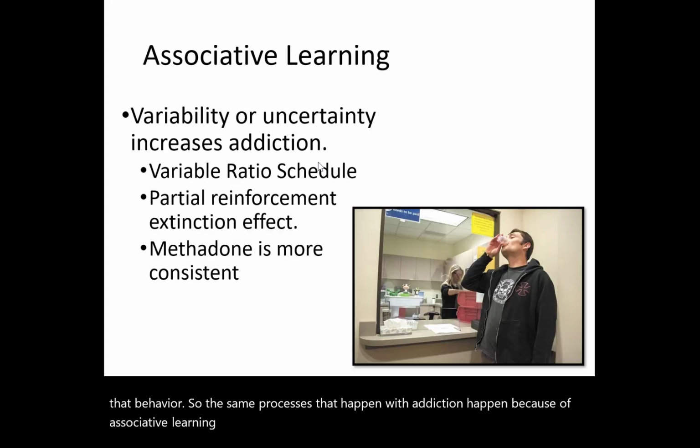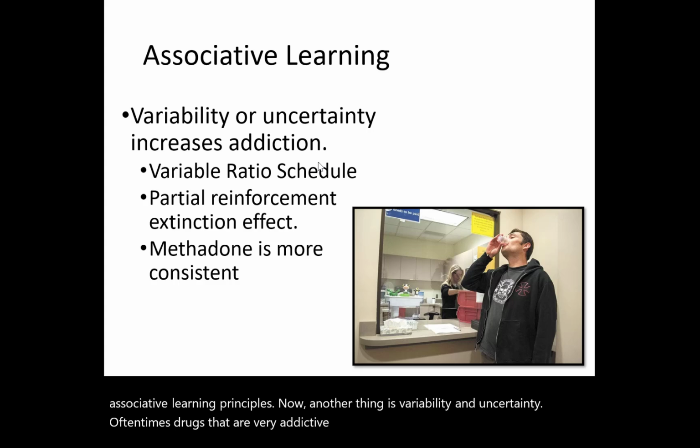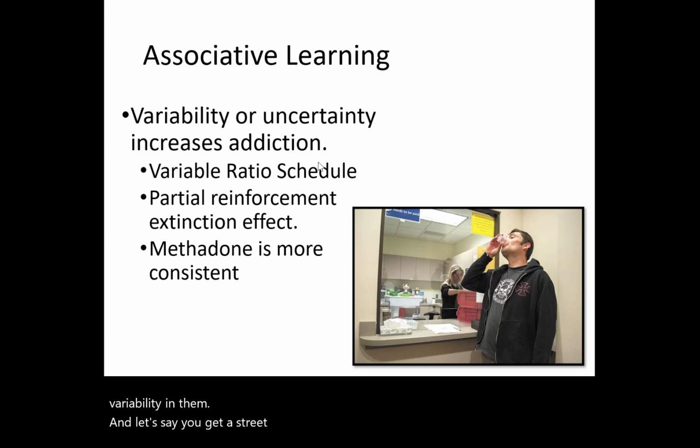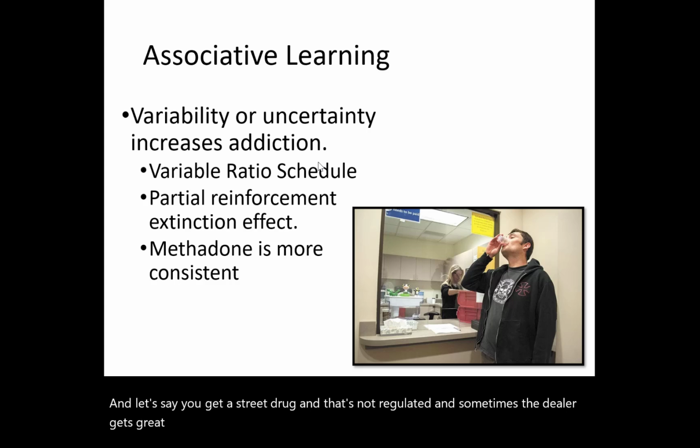Now, another thing is variability and uncertainty. Oftentimes drugs that are very addictive, not all, but often, have a great deal of variability in them. Let's say you get a street drug, and that's not regulated, and sometimes the dealer gets you great stuff, and sometimes he gets you crappy stuff, and sometimes whatever he got you was nothing. There was no active ingredient.